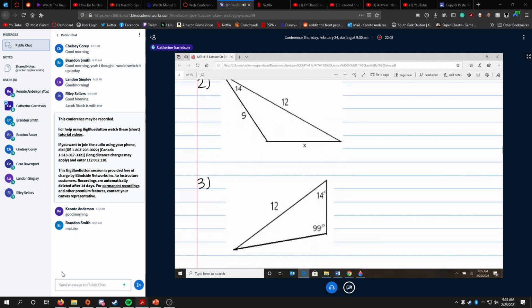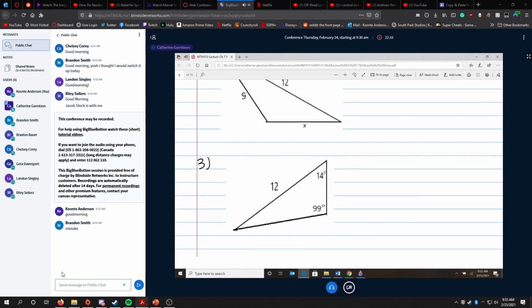And now let's look at number 3. Okay, I'm given a side and I'm given two angles. What's the order? Well, this would be side, angle, angle. And side, angle, angle is law of sines.